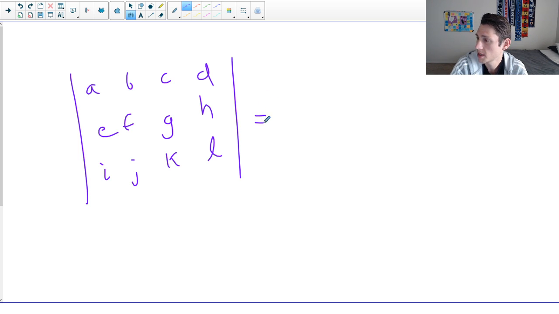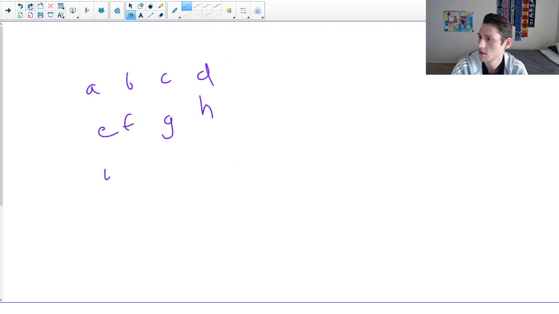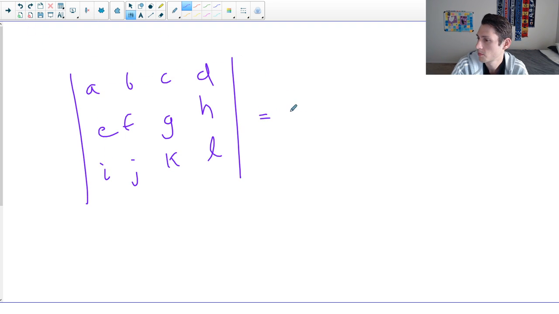If I want this determinant, actually we would start in a similar way. So we would do A, cross out the row, cross out the column. Oh, sorry, this isn't right. L, M, N, O, P. There we go. All right, so we'd cross out the row, cross out the column.